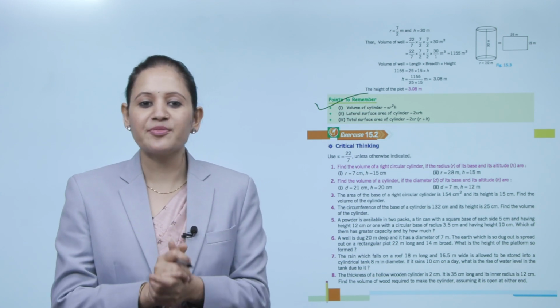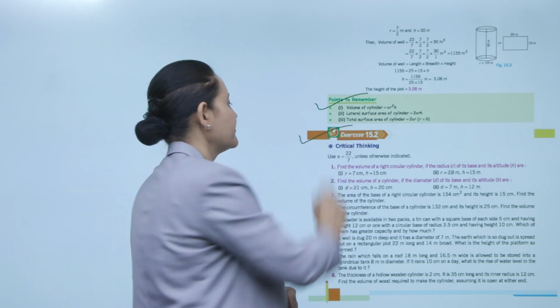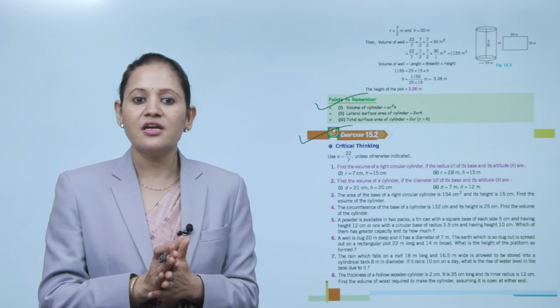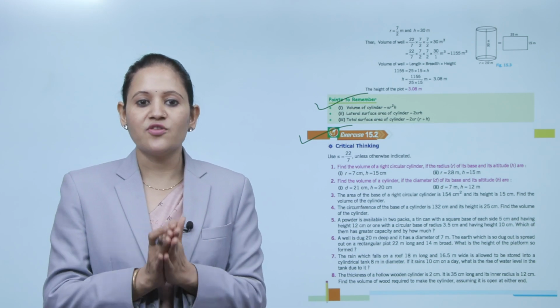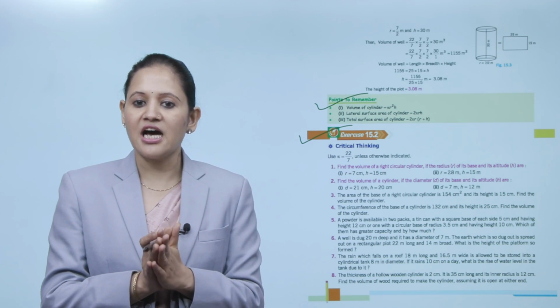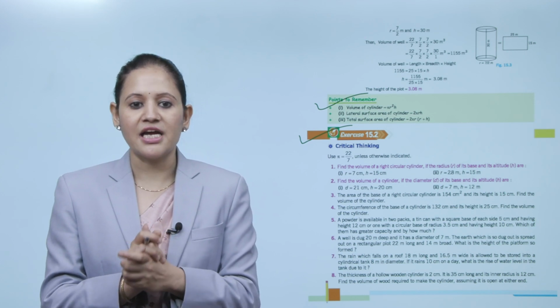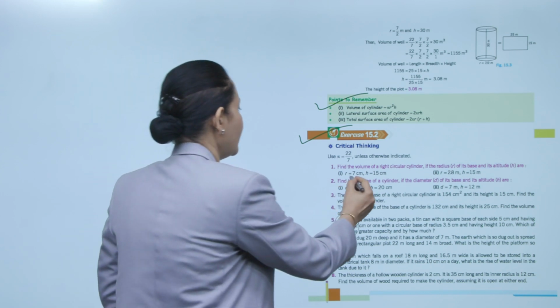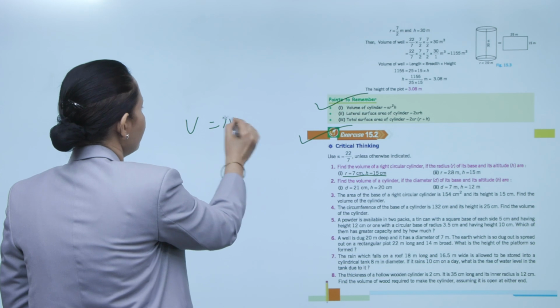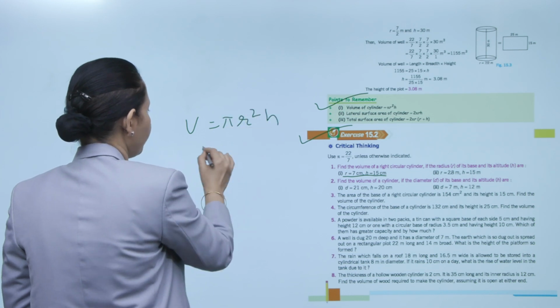Next is exercise 15.2. Critical thinking. Use pi as 22 upon 7 unless otherwise indicated. Find the volume of the right circular cylinder if the radius is r at its base and its altitude is h. Here radius and height are given. So volume equals pi r square h.